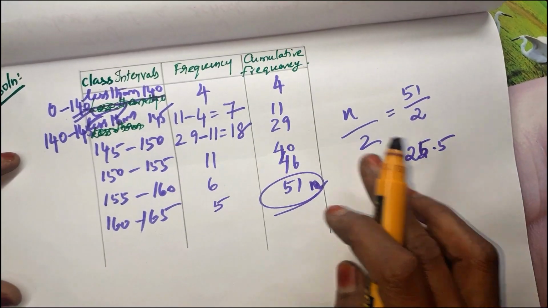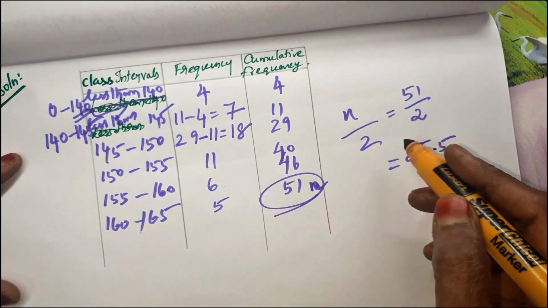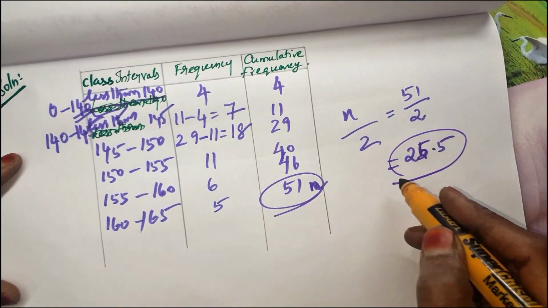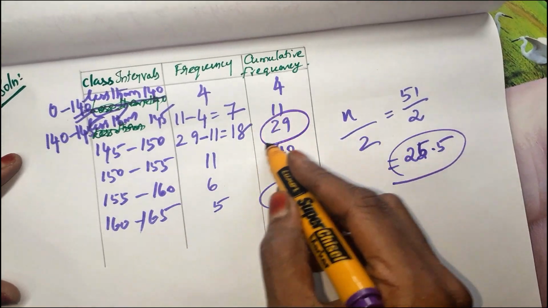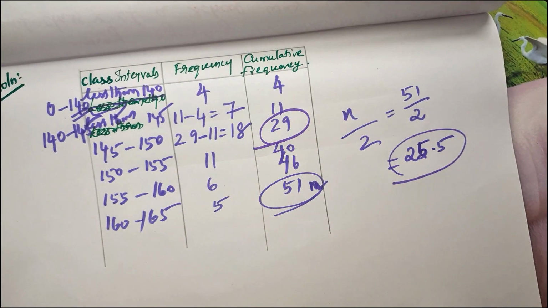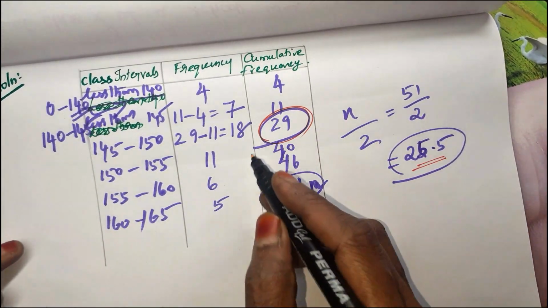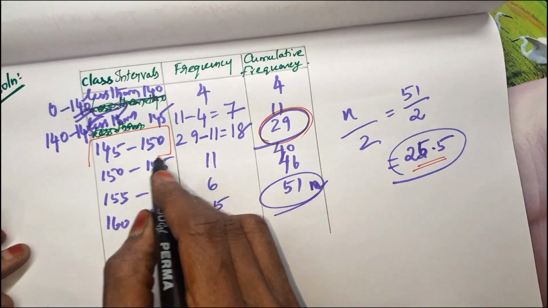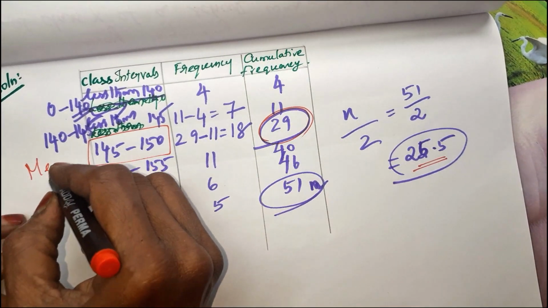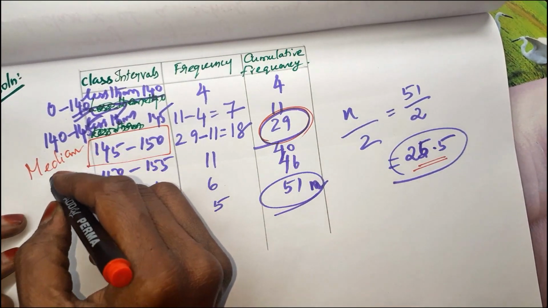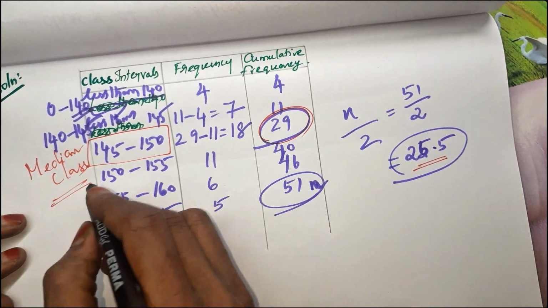We have to see this in the cumulative frequency. The value which is greater than 25.5 is 29. So 29 is the cumulative frequency which is the next value greater than this one. It corresponds to this class. So this is the median class.